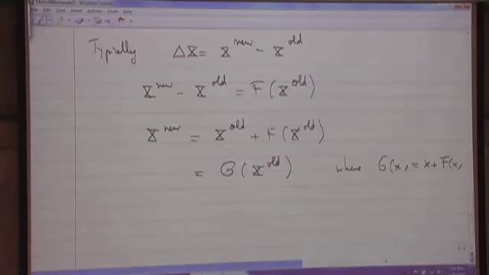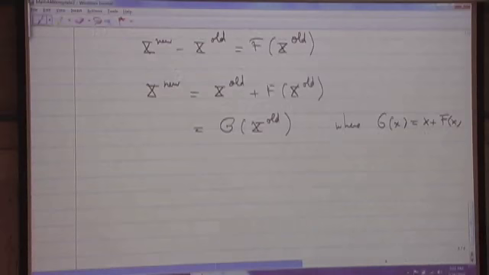This is different from continuous time dynamical systems, where you have to solve a differential equation. In this case, upon iterations of this, here's what you get.